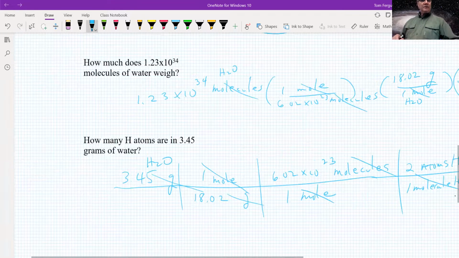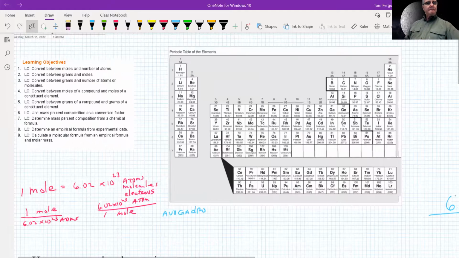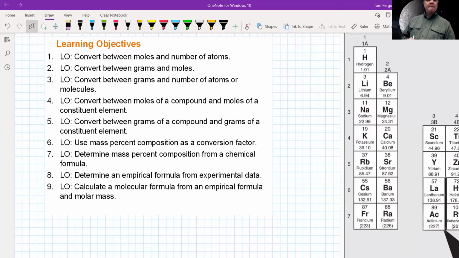Now let's see how we're doing with what we're going to learn tonight. Okay, so we're doing pretty well here. We're going moles, number of atoms, grams per mole, grams per number of atoms.